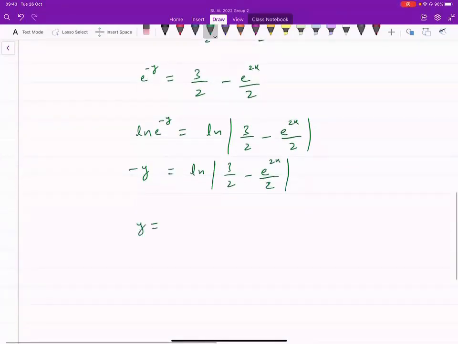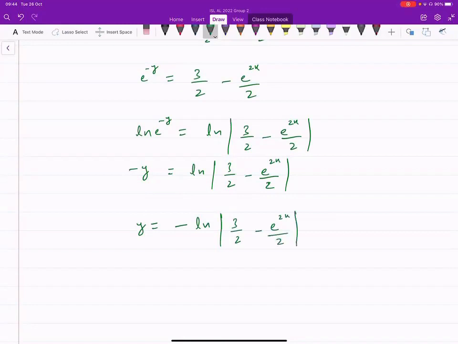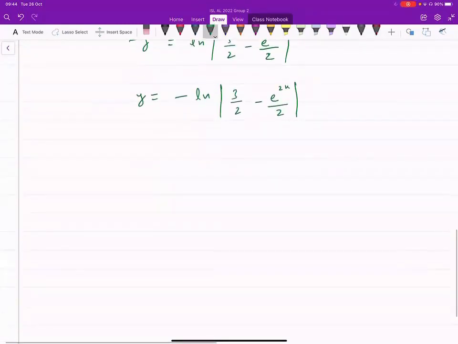And now it becomes y equals minus ln of 3/2 minus e raised to power 2x divided by 2. That is your y in terms of x.